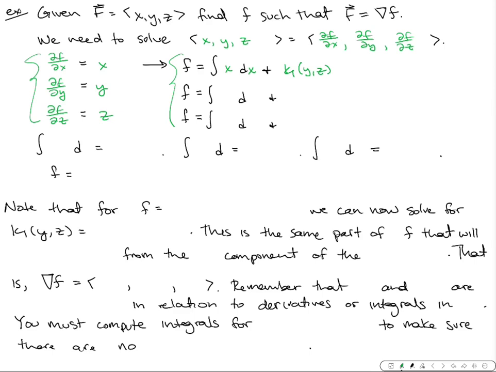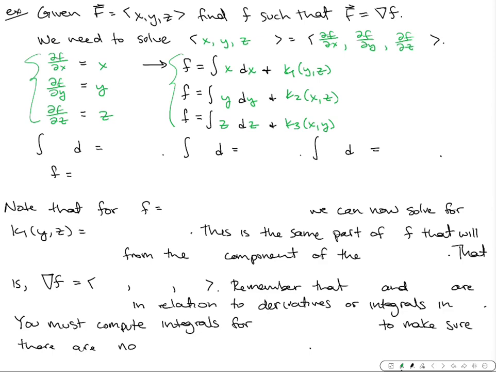If we look at the second equation, if we integrated y right there, that integral being with respect to y, that would give us f if we added on some unknown constant k that could depend on x and z. Or from the third equation, if we integrated z with respect to z and remembered to account for the unknown constant that depends on x and y, that would also give us little f.